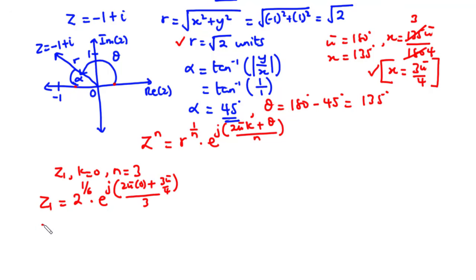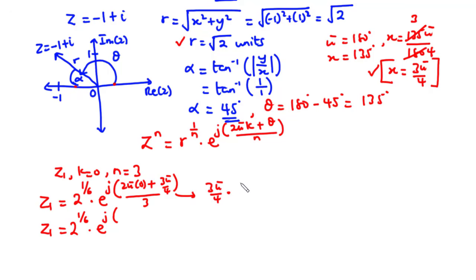So let's simplify this. We have z1 equals 2 exponent 1 over 6 times e exponent j into bracket 2 pi times 0 is 0, so plus 3 pi on 4, divided by 3.